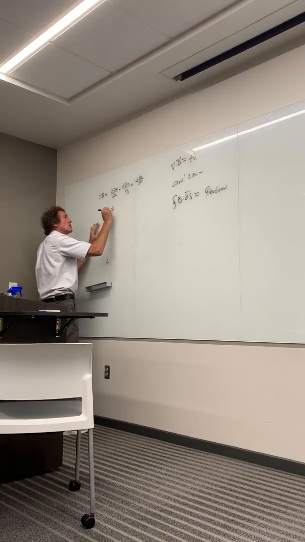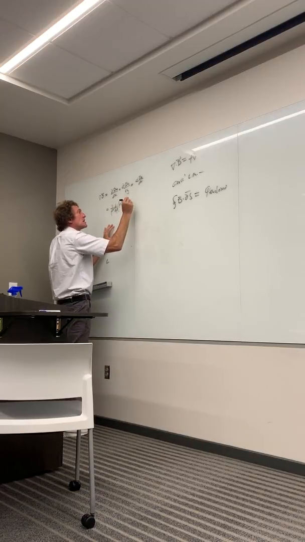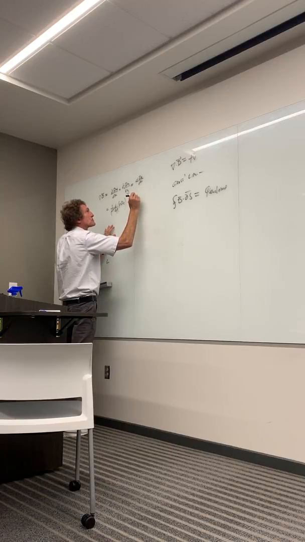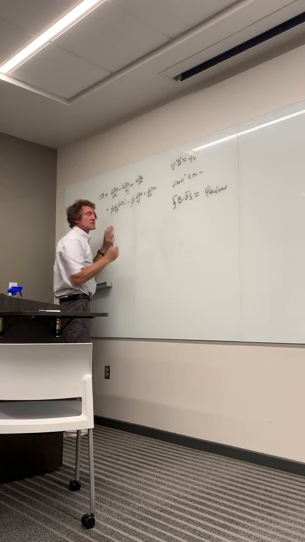In cylindrical, it will be 1 over rho, d d rho of rho times D rho, plus 1 over rho times d d phi of D phi, plus d dz of Dz. Do you all see that one?